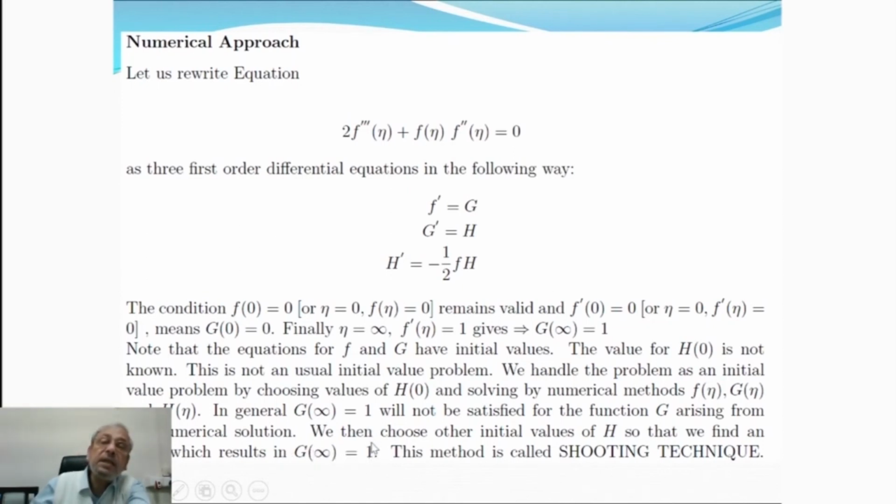So basically, we try with different initial values of h and observe for which value g infinity is 1. And this method is called the shooting technique.